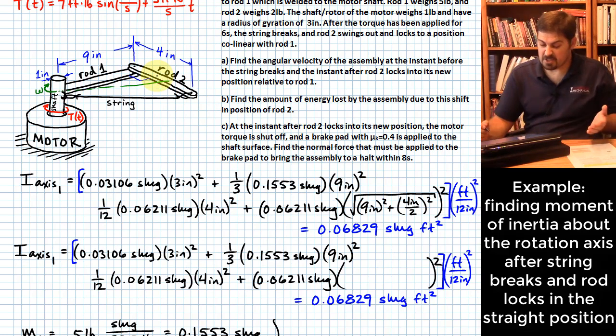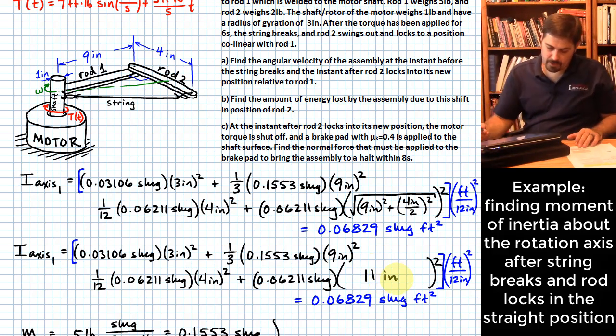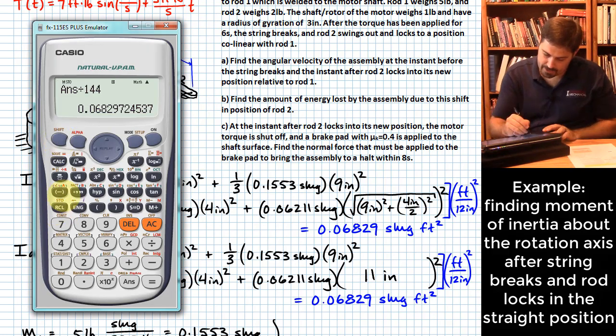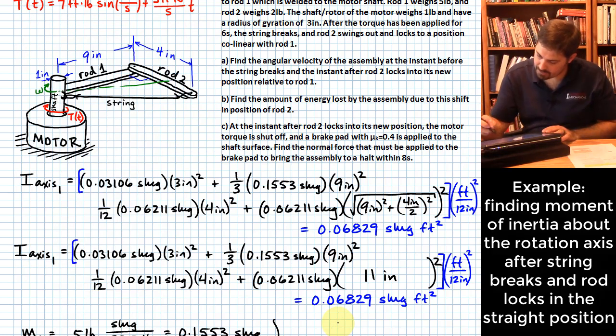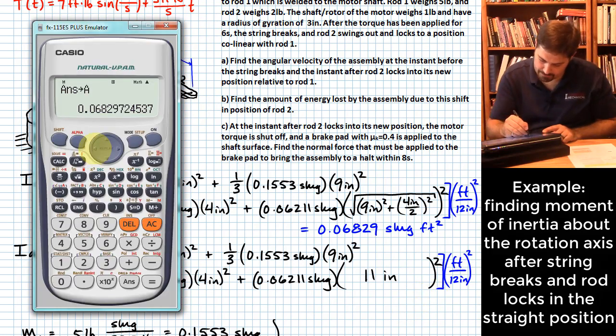So it'd be 9 inches plus half of 4 inches, which is 11 inches here. Let me do this. I forgot to store this. Let me store that into A, and then I'll calculate what comes out of this other one.